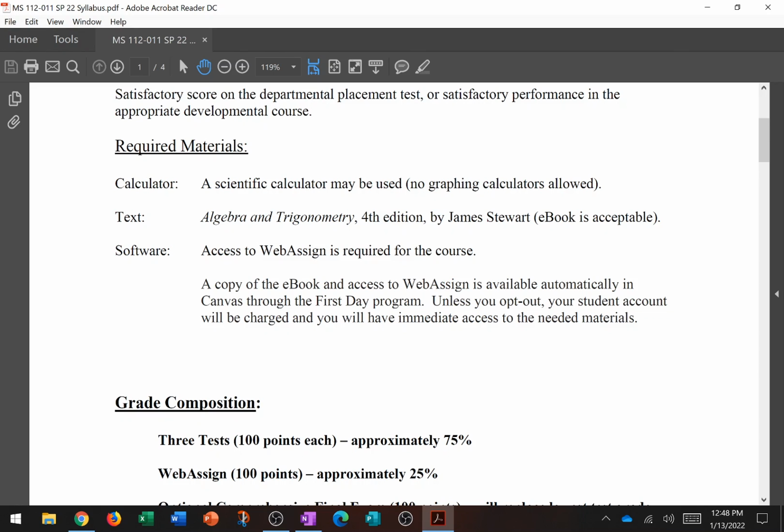What you do need is access to WebAssign. That's the software that we'll use to do all of our assignments for the class. And to get access to that, it's really easy. There's just a link on Canvas that I'll show you in a minute, and you just click on the link and it gets you in the right class and everything. You can access WebAssign through Canvas.